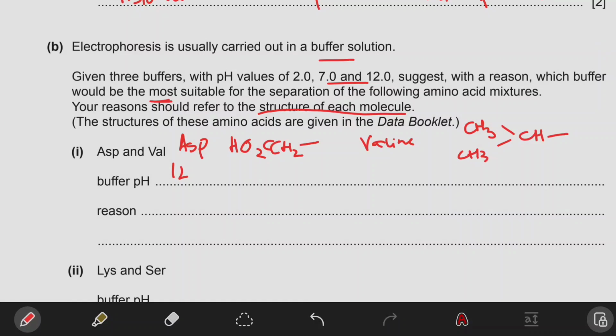And then it would gain a negative charge, and then it would be attracted towards the positive electrode, and it will move further than valine because valine is neutral.